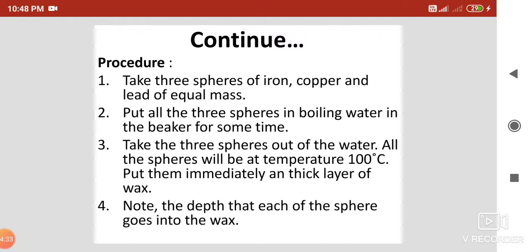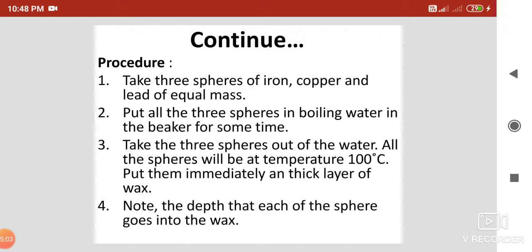All the spheres will be at a temperature of 100 degrees Celsius, since we know the boiling point of water is 100 degrees Celsius. Immediately we put them on the thick layer of wax shown in the figure. The wax will melt and the spheres will go deep into the wax.